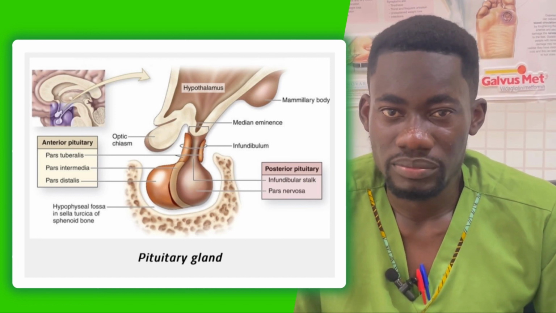The posterior lobe is noted purposely for storage of hormones produced by the hypothalamus, whereas the anterior lobe contains releasing and inhibiting hormones, or people can say stimulating and inhibiting hormones. So the posterior lobe's primary function is to store hormones, whilst the anterior lobe contains stimulating and inhibiting hormones.